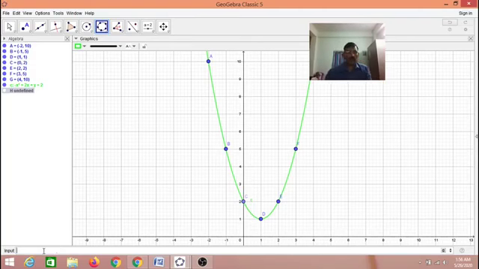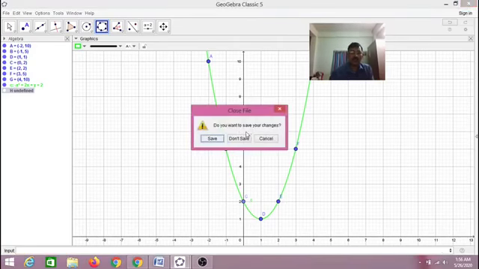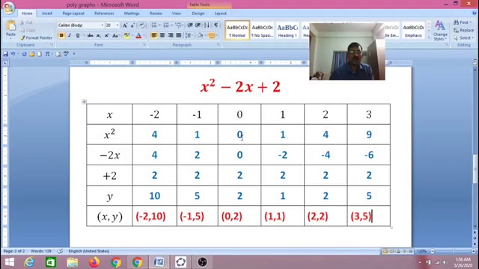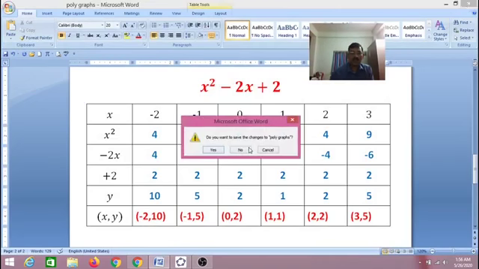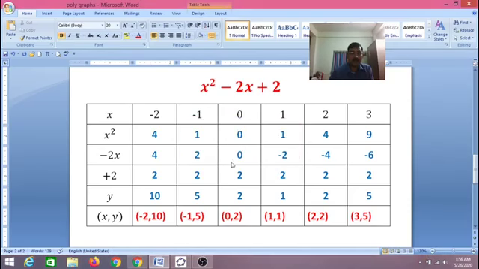So no zeros means we have to understand that there are no real zeros for this, right? No zeros does not mean that it has no zeros at all. This polynomial has zeros obviously, but the zeros are not real zeros, right? This is the way in which we can go for this.